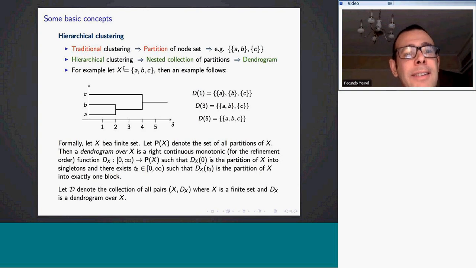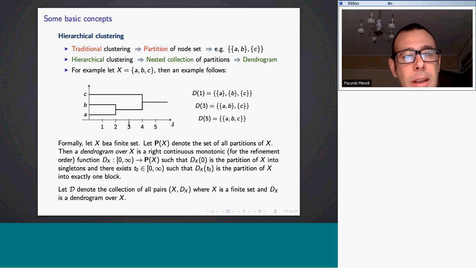So for example, we have a set X with nodes A, B and C. The way you represent a dendrogram, on the x-axis you have a parameter that tracks the scale. The dendrogram at value 1 will give you a partition into singletons. So if you draw a vertical line at scale value 1, you get 3 branches, and you see that they correspond to the individual nodes.